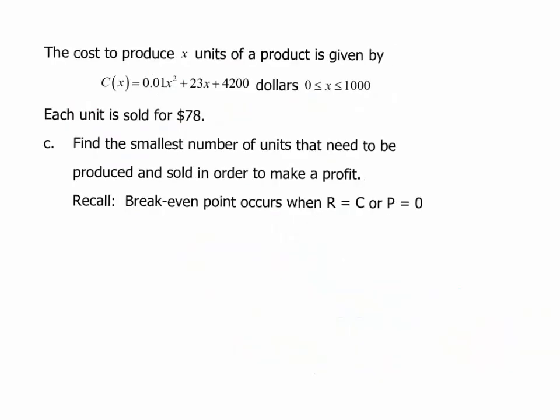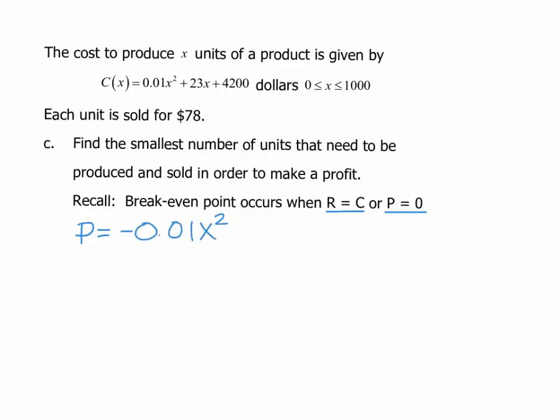In this last part, we're asked to find the smallest number of units that need to be produced in order to make a profit. So basically what we need to do is find that break-even point where our revenue equals our cost or our profit equals 0. I'm going to just use my profit equals 0 function. This is the equation.